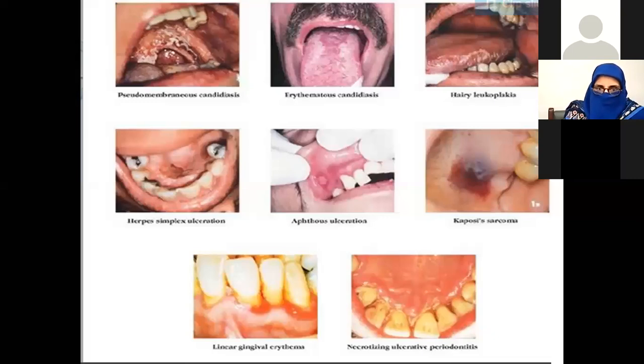Why is the oral cavity important? Because the oral cavity is a place where you can have systemic and local manifestations of various diseases.